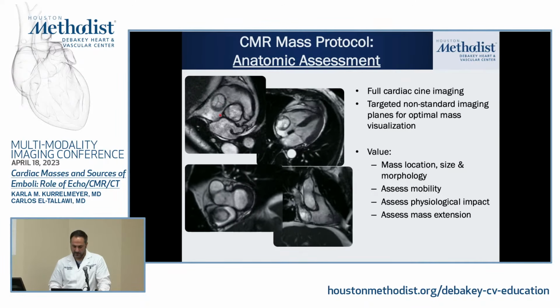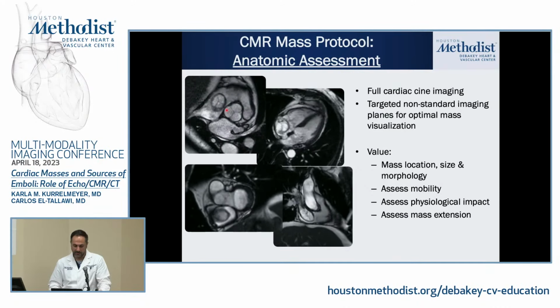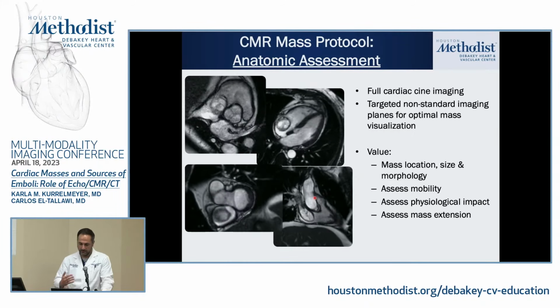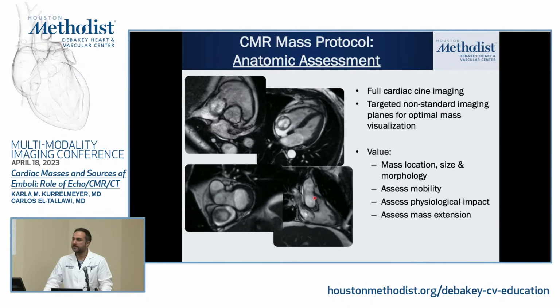You can tell here, for example, this weird looking mass on short axis looks like another aortic valve here. But if you look on this view here, you can see how it's extended down from the SVC into the RV inflow and how it's showing this way on the short axis. So based on MRI, you can get this 3D information about the mass and its extension.